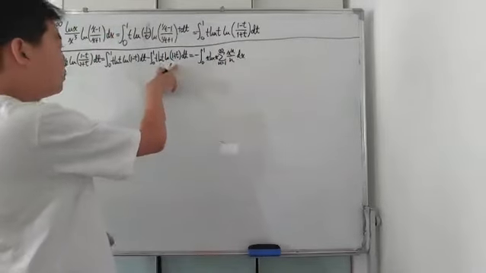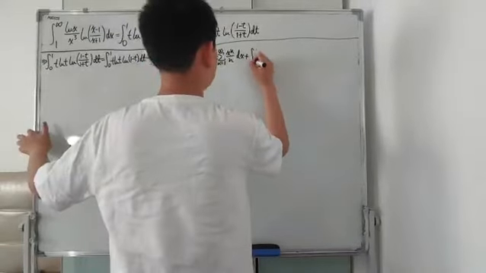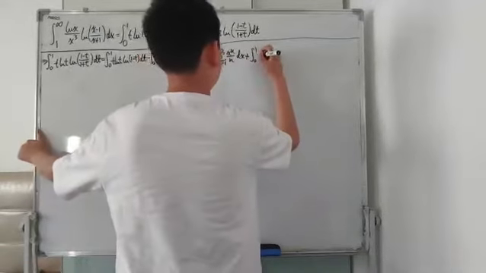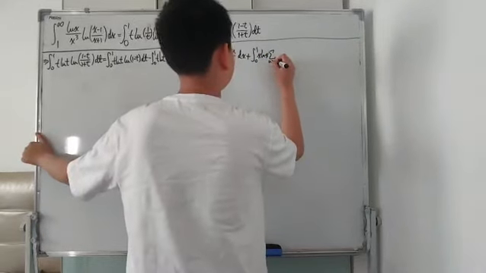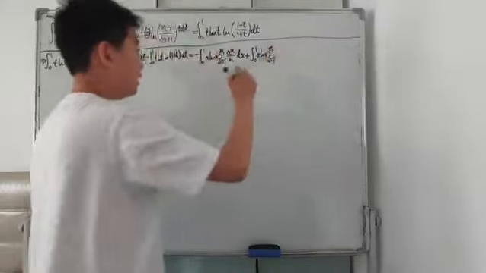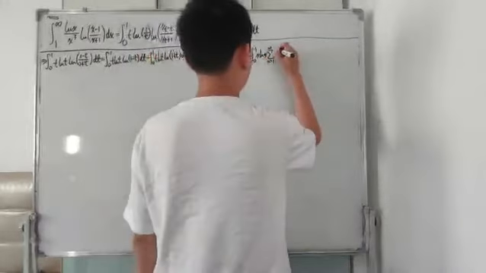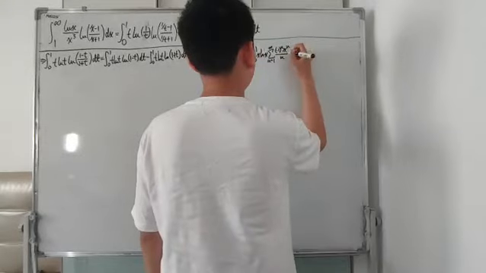And then same thing for this one. So we have plus, because minus is plus, 0 to 1 of x natural log x, and the sum, n equal to 1 to infinity of negative 1 to the n, x to the n over n dx.